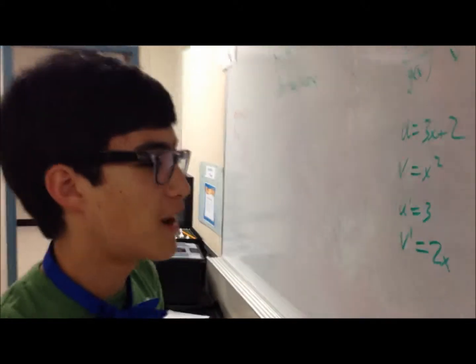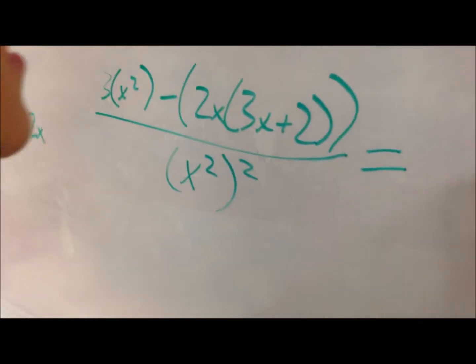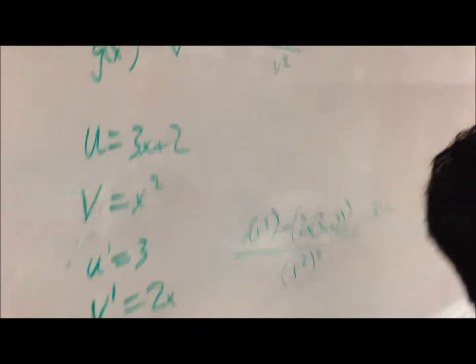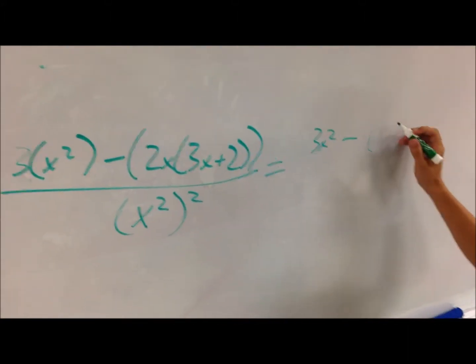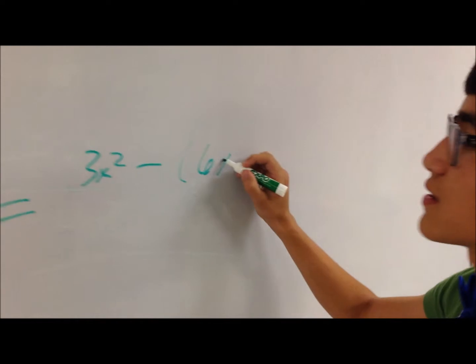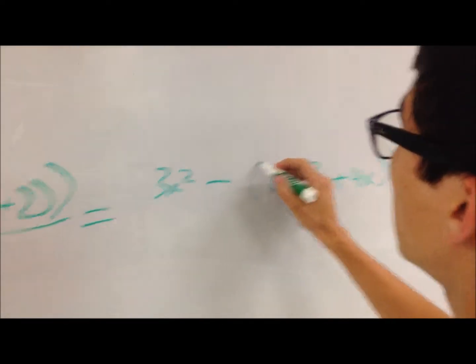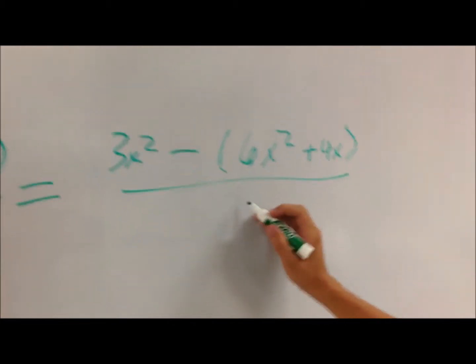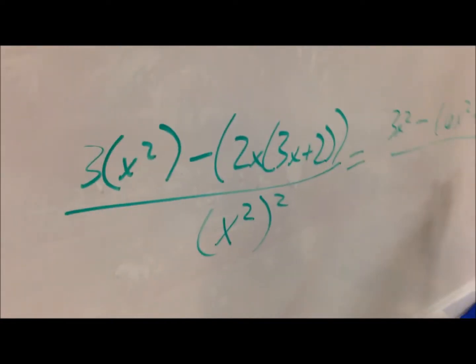So when you simplify this, we have 3x squared minus, distributing the 2x, 6x squared plus 4x, and then over x squared squared. When you have multiple exponents, you multiply them across, so you have x to the 4th.